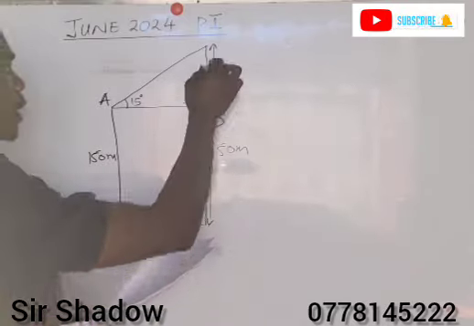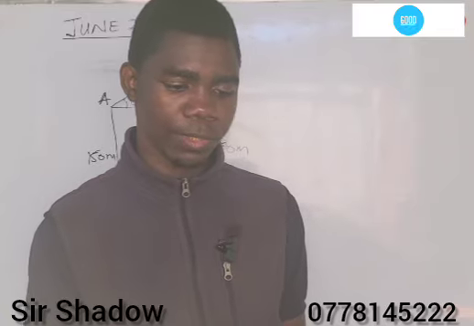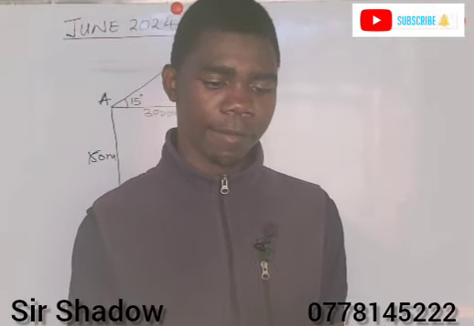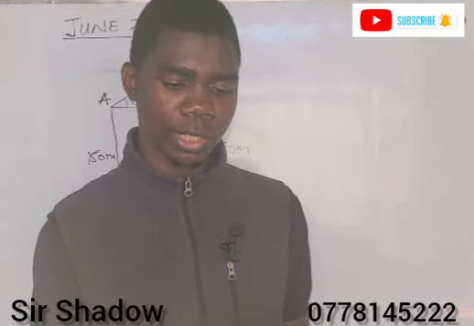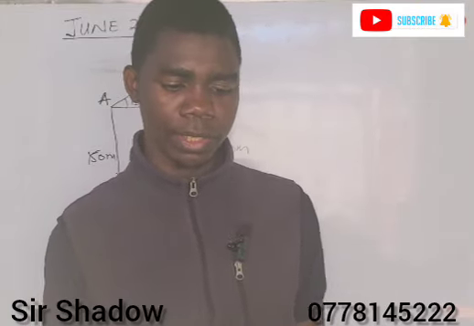From A to this point is 3 kilometers, meaning 3,000 meters. We are given sin 15 degrees equal to 0.2588, cos 15 degrees equal to 0.9659, tan 15 degrees equal to 0.0875.